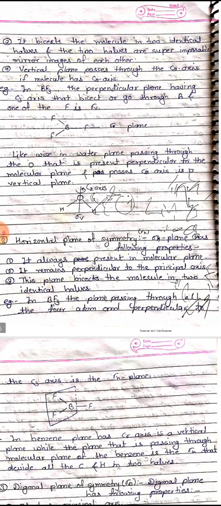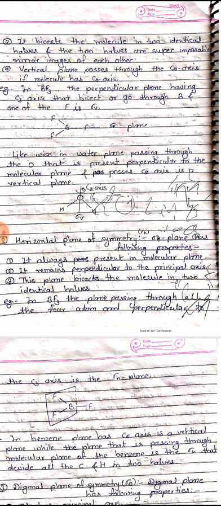So go through the points. First of all, the horizontal plane will be in the plane of the molecule itself, regarded as the molecular plane, if it fulfills the subsequent conditions. Second, it remains perpendicular to the principal axis.